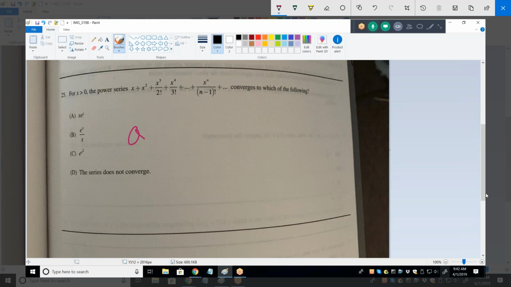I'm not going to go through it, but just to point it out, the arctangent of x also has a power series, which is x minus x cubed over 3 plus x to the 5th, on and on.